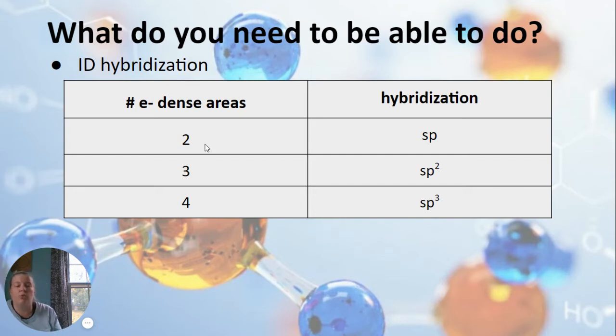So if you have 2 electron dense areas, it's sp hybridization. 3 electron dense areas is sp2 and 4 is sp3. Like I said, count up how many orbitals are involved, and that gives you your electron dense area. So for sp3, I have 1 and 3 gives me 4, so it's 4 electron dense areas.